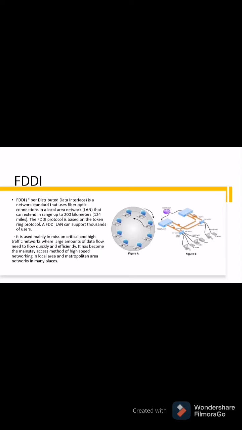In figure B, it shows how the core switch is processed as well, and how this FDDI works. It is used mainly in mission-critical and high-traffic networks where large amounts of data need to flow quickly and effectively. It has become the mainstay access method of high-speed networks in local area and metropolitan area networks in many places.